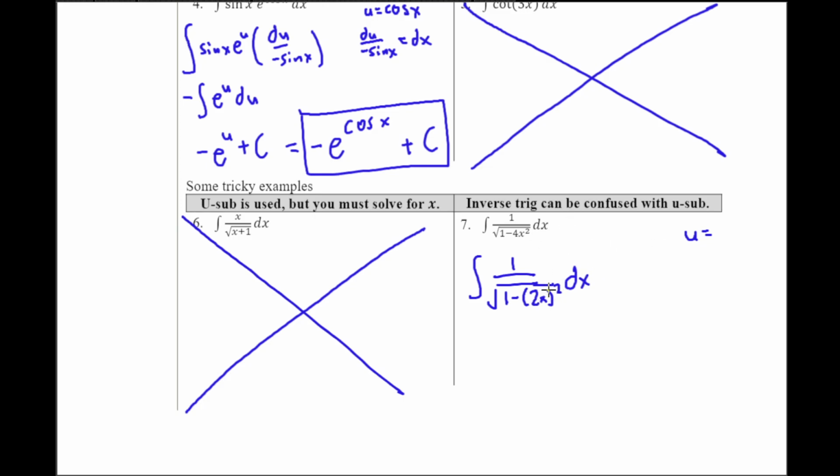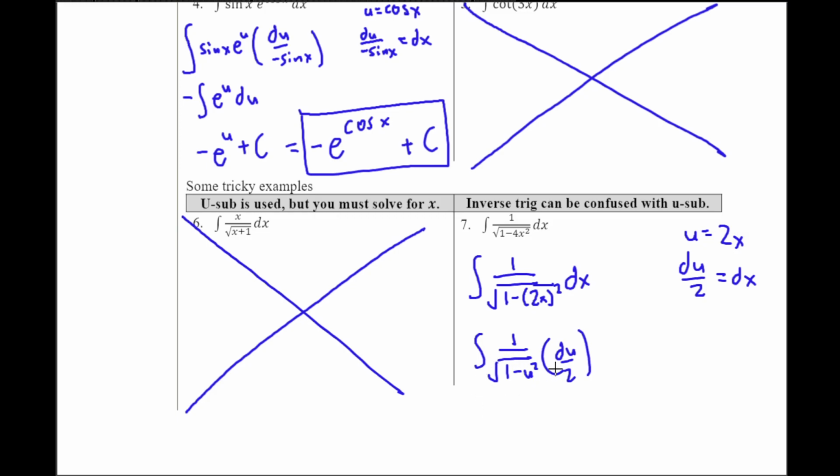So you have to rewrite this in the form so we can use u sub to help us match one of the inverse trig identities. So if u equals 2x, and so du equals 2 dx, so du over 2 is equal to dx. You can rewrite this as 1 over square root of 1 minus u squared, and it's du over 2.